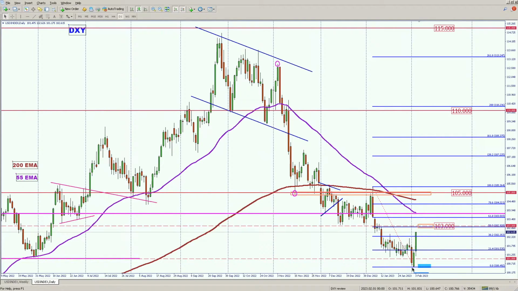So in the short term, the US dollar is turning bullish and rebounding, but it needs to break through a couple more resistance zones to really recover, because this recent fall is a significant fall and it needs to get into the 105 region and see how it reacts there.